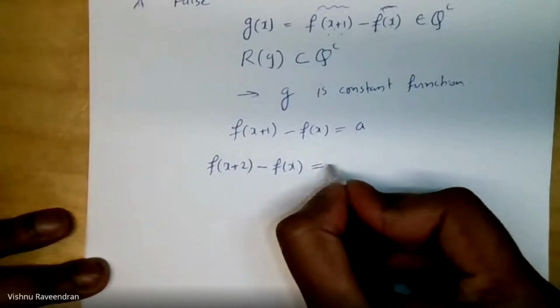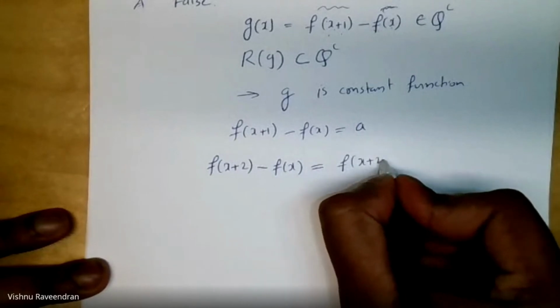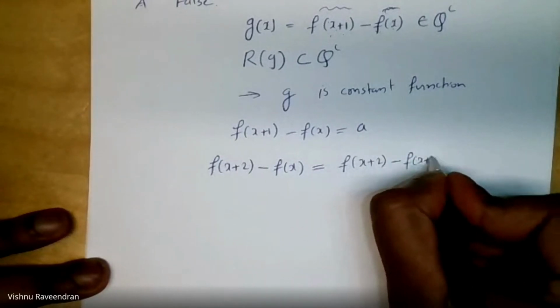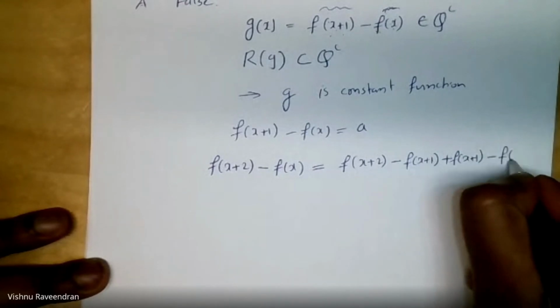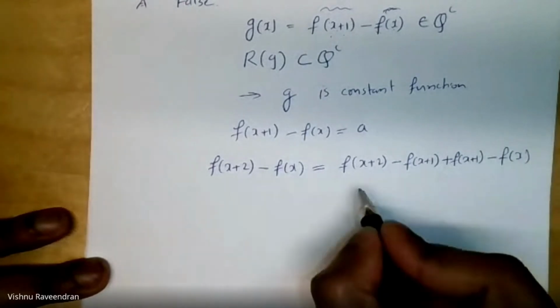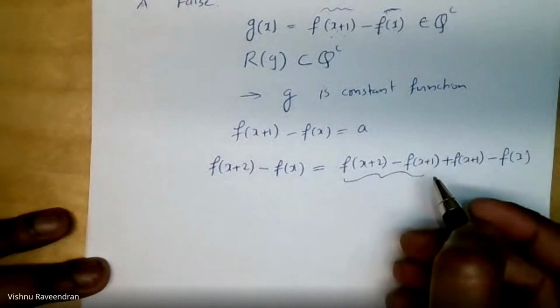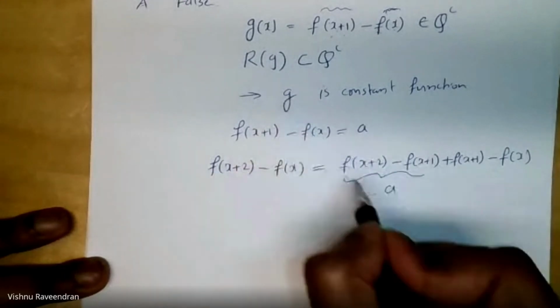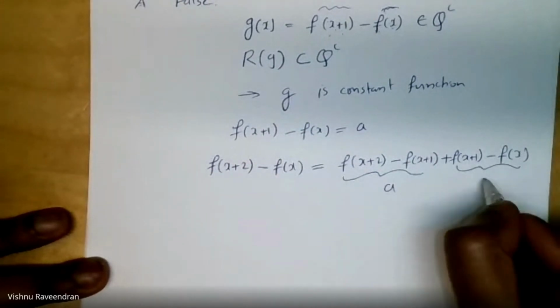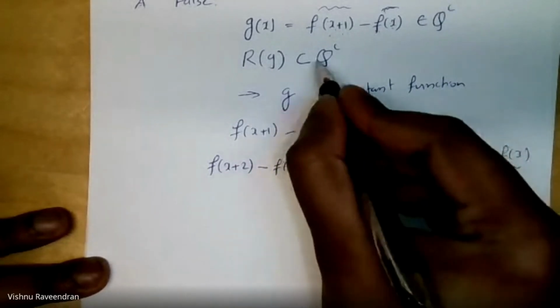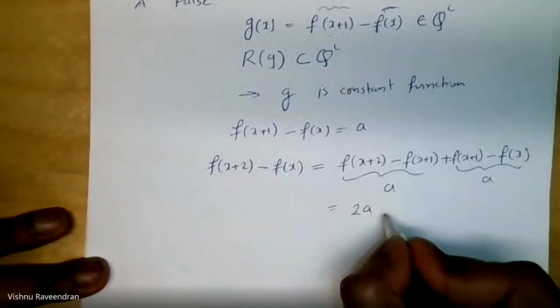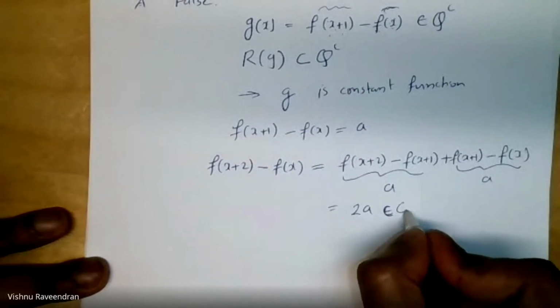What is it? This is f of x plus 2 minus f of x plus 1, plus f of x plus 1 minus f of x. This will be a because g is a constant function, and this is also a. So we get 2a. And we know the range of g is in Q complement, so 2a is also an element of Q complement.